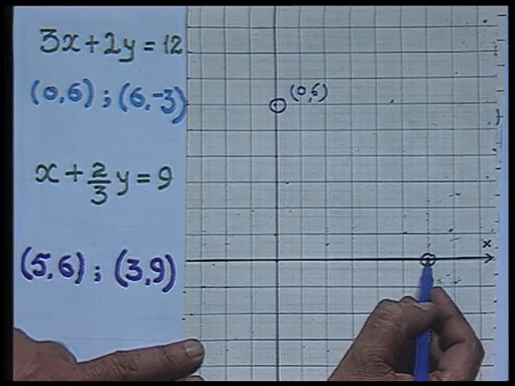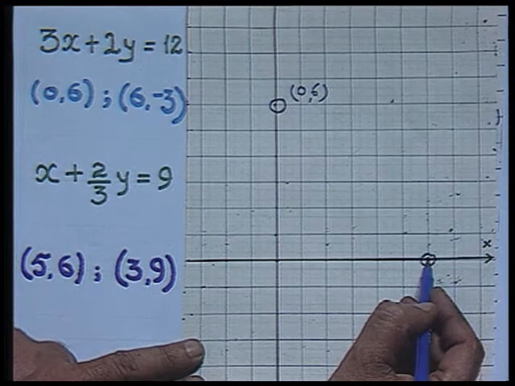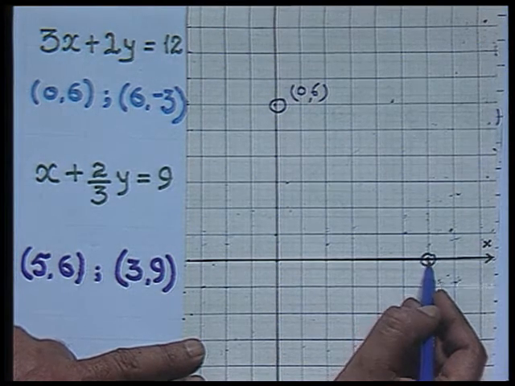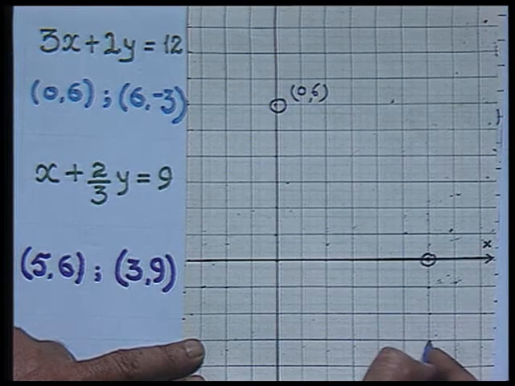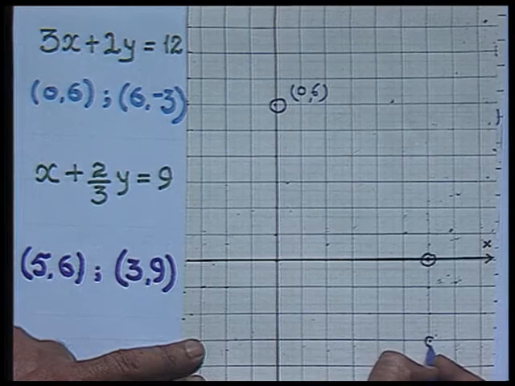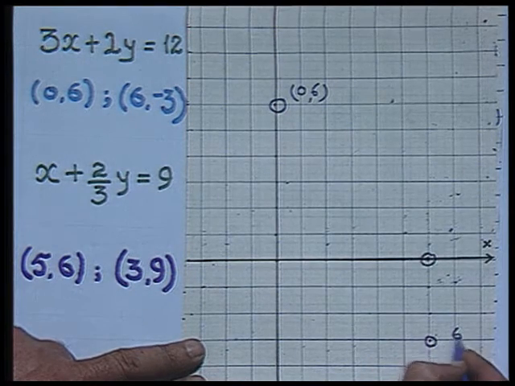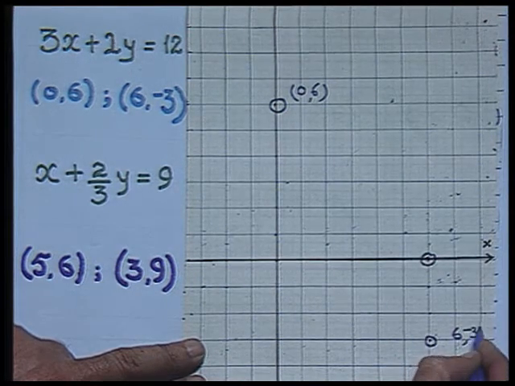Now if I don't move up or down, this point is (6, 0). But I want the point (6, minus 3). For minus 3 units, which direction do I move? I will move down, 1, 2, and 3. So this point is (6, minus 3).